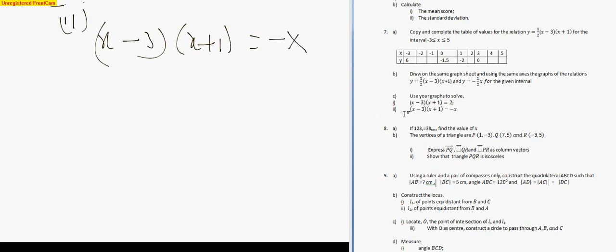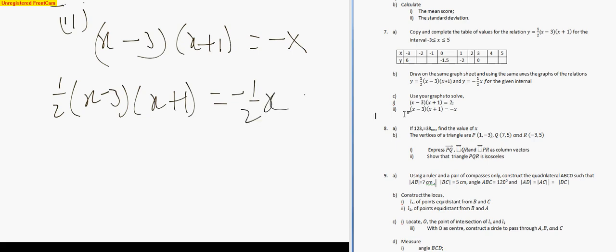And there's a reason why they ask you to draw the second line. You remember the second line was y is equal to negative 1 over 2 x. And similar to what we just did, if I divide this out by 2 and divide this out by 2, then I'll get 1 over 2 x minus 3 x plus 1 is equal to minus 1 over 2 x. You see what is happening?